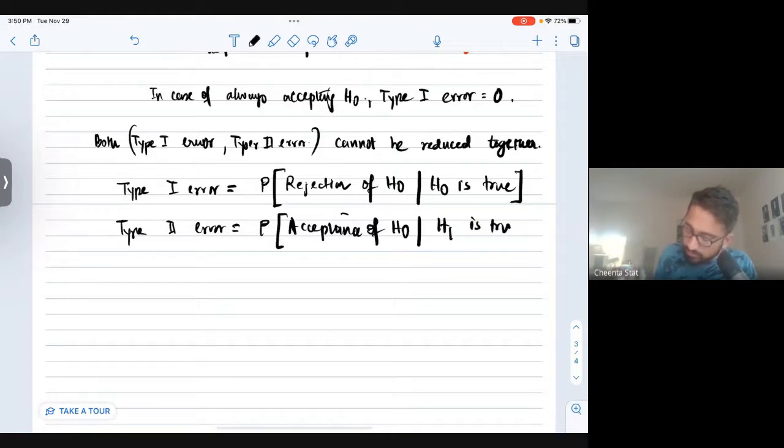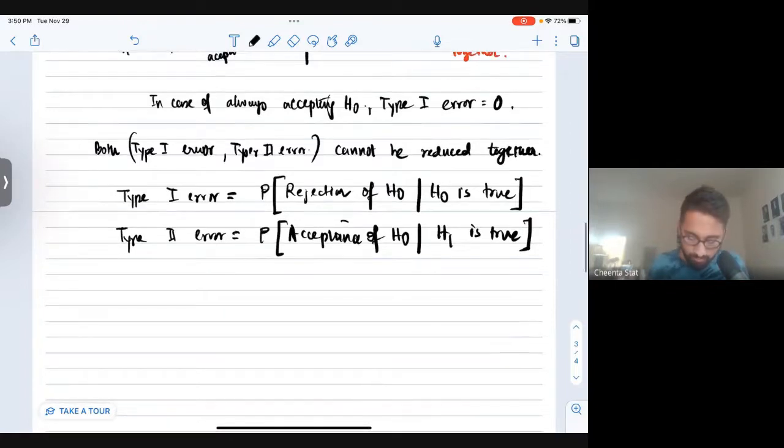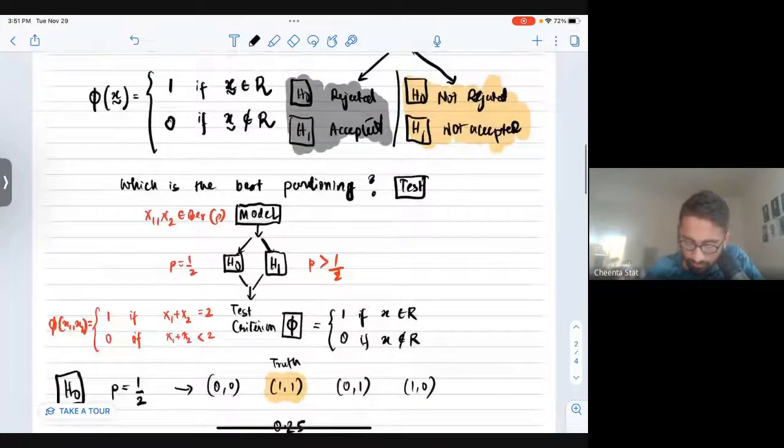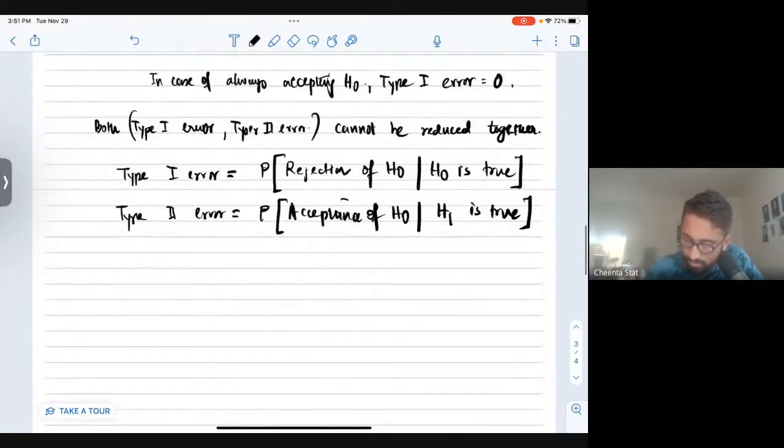That means H1 is true means that H naught is not true, so we are accepting H naught given that it's not true. Now how do we find this probability? That's the question.